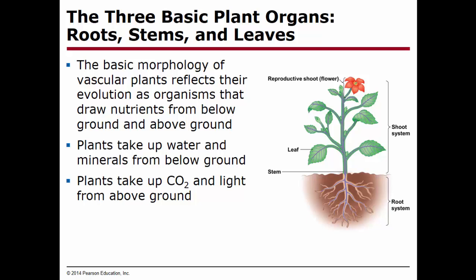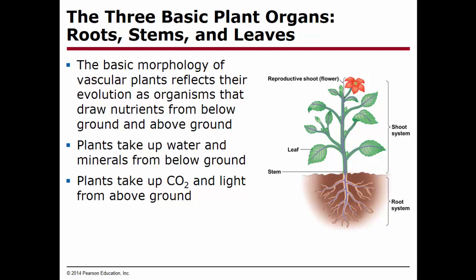Let's talk about the three basic plant organs: roots, stems, and leaves. The basic morphology or structure of vascular plants reflects their evolution. Plants have evolved to be organisms that draw nutrients from below the ground and that use their above ground structures for photosynthesis.